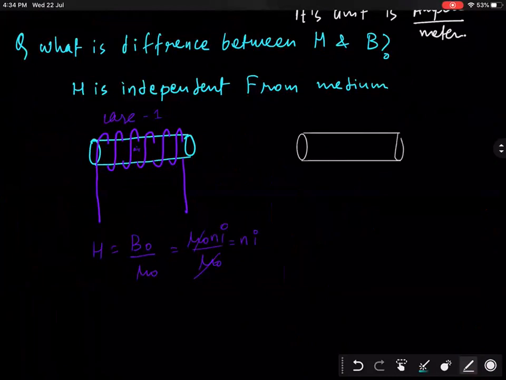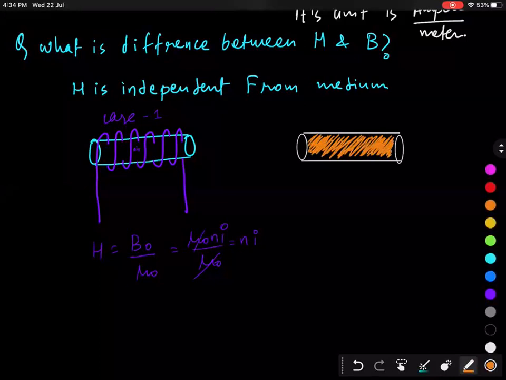Now let's talk about the other case. In this case, the core of the solenoid is filled with some magnetic material and its magnetic permeability is mu. Now what relationship will you use?